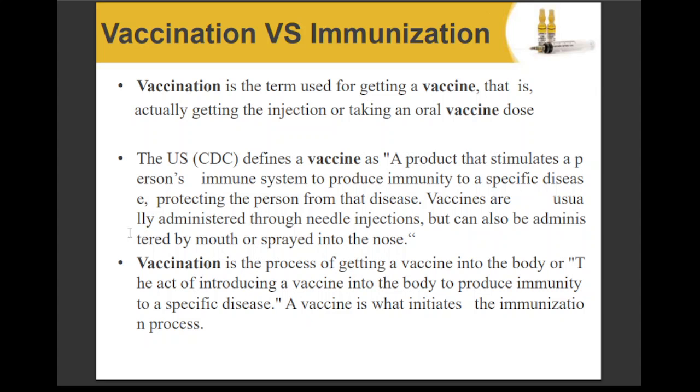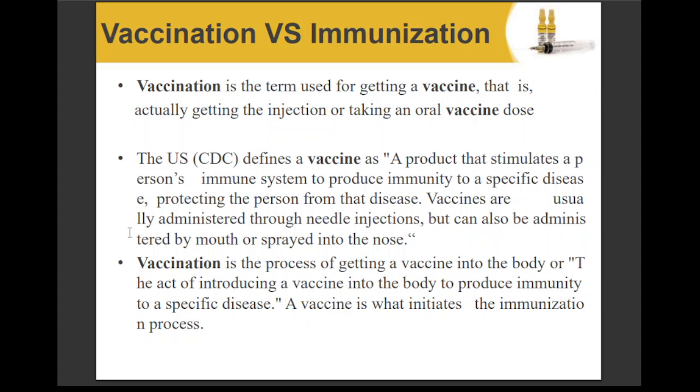Vaccines are usually administered through a needle, but can also be given orally, by spray, or through other modes. Vaccination is the process of getting a vaccine into the body, or the act of introducing a vaccine into the body.